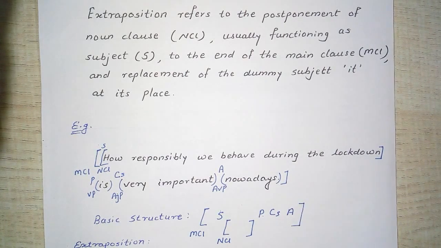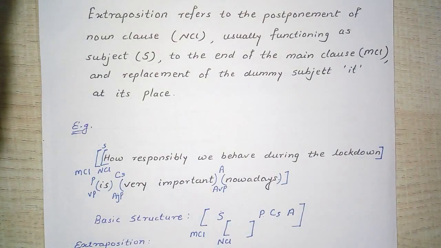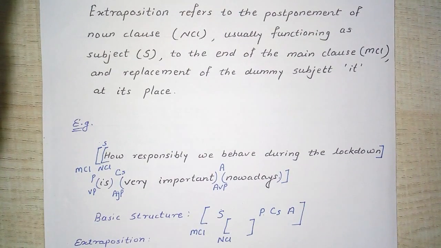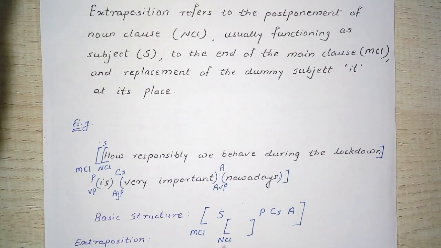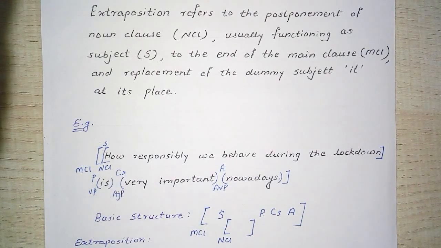So this is the basic structure of this given main clause. Now we'll go on doing extraposition. As we already discussed, in extraposition the heavy constituent, that is the subject, that is the noun clause, is shifted to the end of the sentence, at the end of the main clause.